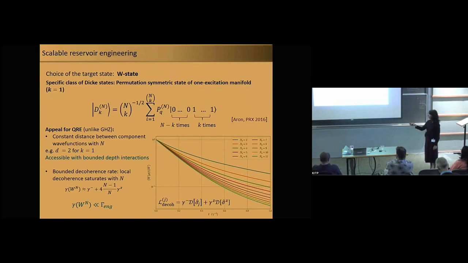You see, because it's just gamma minus plus 4 gamma z, where gamma z is the local dephasing and gamma minus is the local relaxation. And as I already told you a few slides earlier, to be in the reservoir engineering regime, we need this decay rate to be strictly smaller than the engineered dissipation rate. So this becomes a losing battle if your decoherence rates themselves scale with system size, and that's what happens with GHZ. So from both these points, the W state sounds like a great choice.